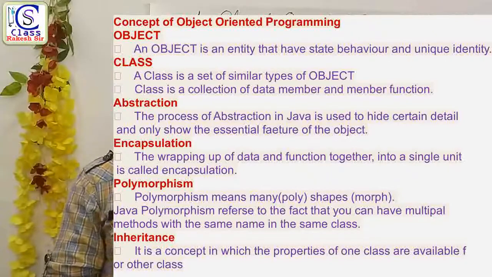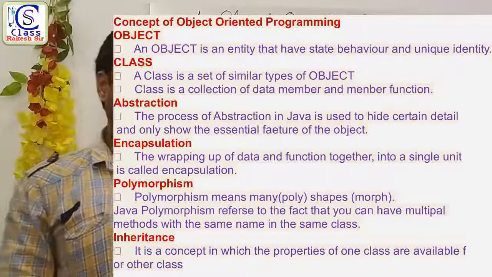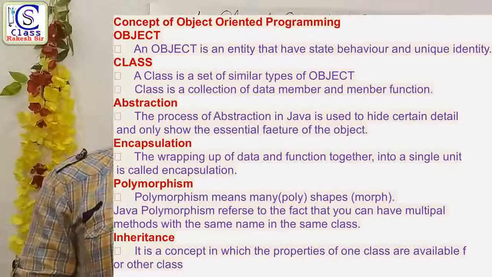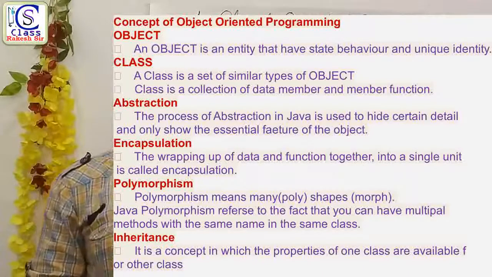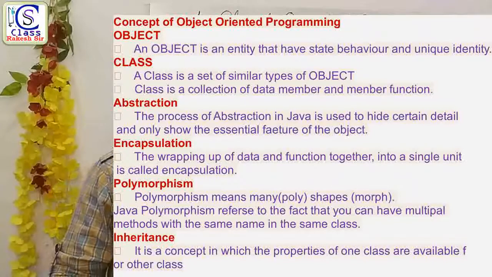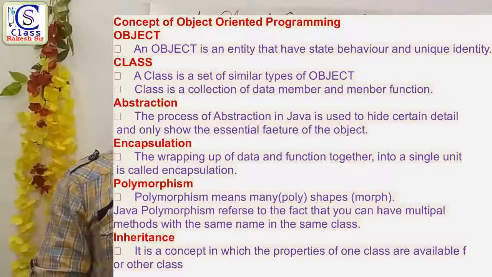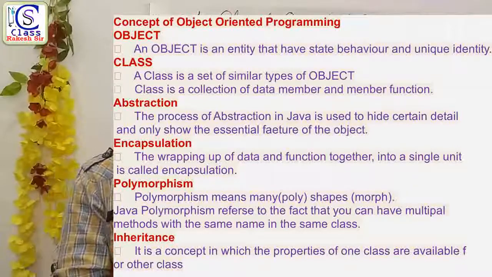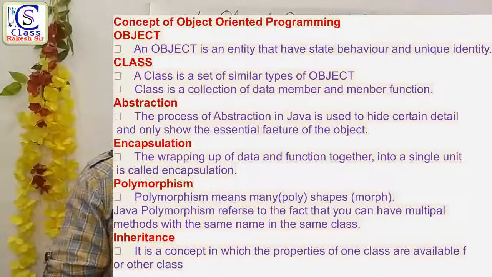The second one is class. A class is a group of similar types of objects, and a class also contains data members and member methods. The third one is abstraction. Abstraction is to represent the essential features without showing the background details.